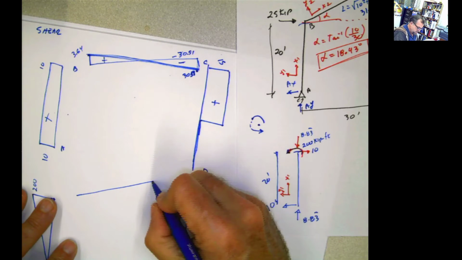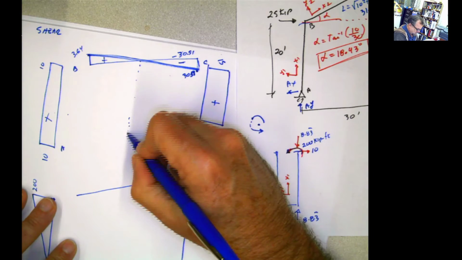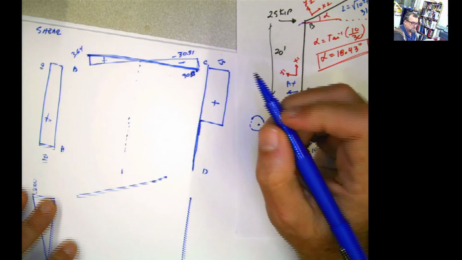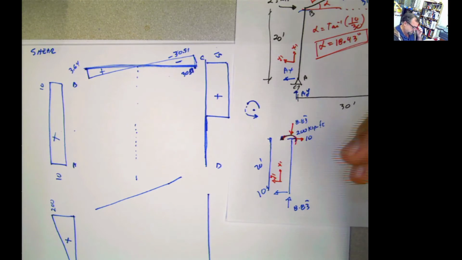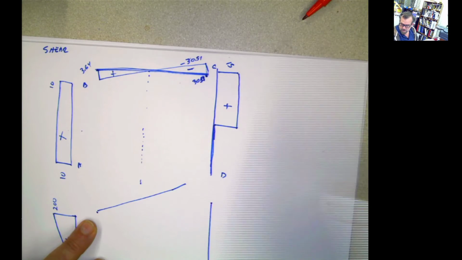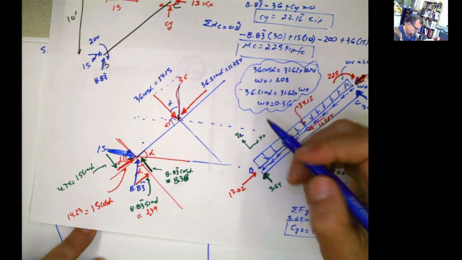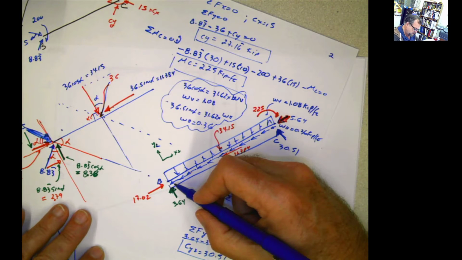Now let's go to this inclined member. Remember, this part here is going to be a local maximum or minimum moment. We're going to start there with our values for moment, which I didn't put here, by the way.